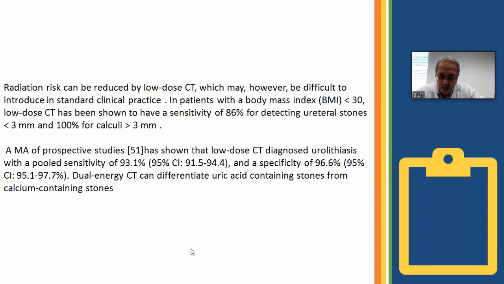Any stone which has a density of between 100 to 400 Hounsfield units, again there is a question whether it can be picked up by a non-contrast CT or not. Anything which is below 100 Hounsfield units cannot be picked up by a CT scan even.